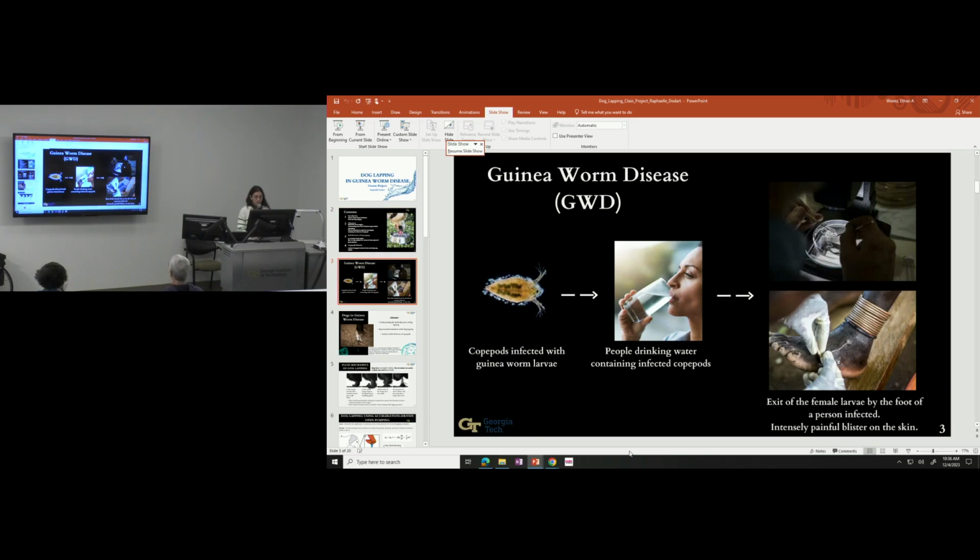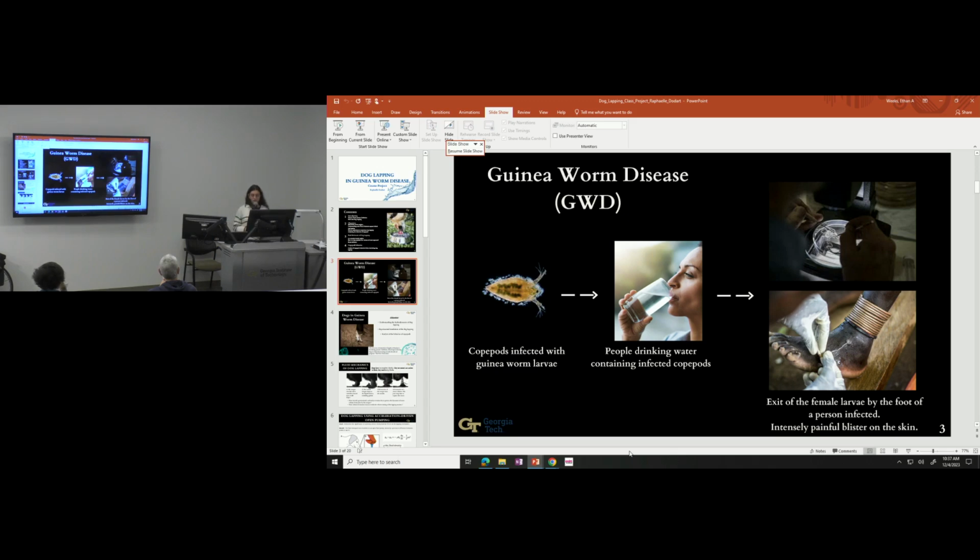Guinea worm disease is a parasitic infection by a Guinea worm. A person typically becomes infected by drinking water containing copepods infected with Guinea worm larva, and the larva penetrates the digestive tract and escapes into the body, where the females and the males mate.